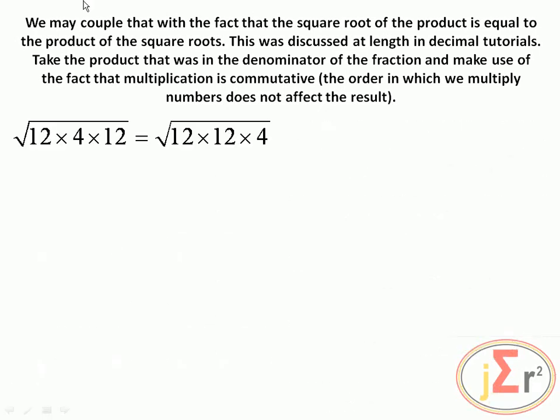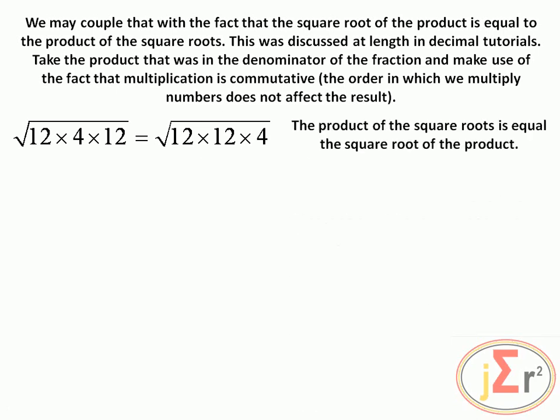So we have 12 multiplied by 4 multiplied by 12, and we are shuffling the 12s closer together and giving the 4 a little more space on the right hand side, because we are ready to make use of the fact that the square root of a product is equal to the product of the square roots.